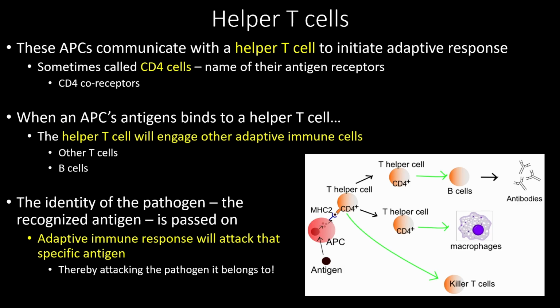And so all the cells that are activated by this helper T are activated with the target in mind, that they are going to be formulating an effective attack against this specific antigen, the specific antigen that is in theory attached to the pathogen.